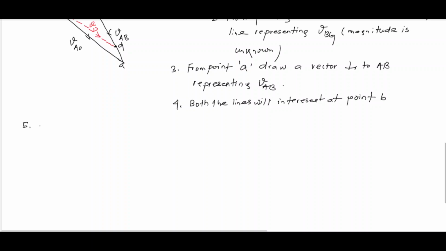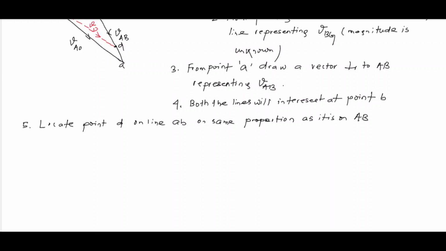So here fifth step is locate point D on line AB, on the same proportion as it is on AB, and join point O and D. Sixth, velocity of point D, that is VD, is equal to the vector OD.